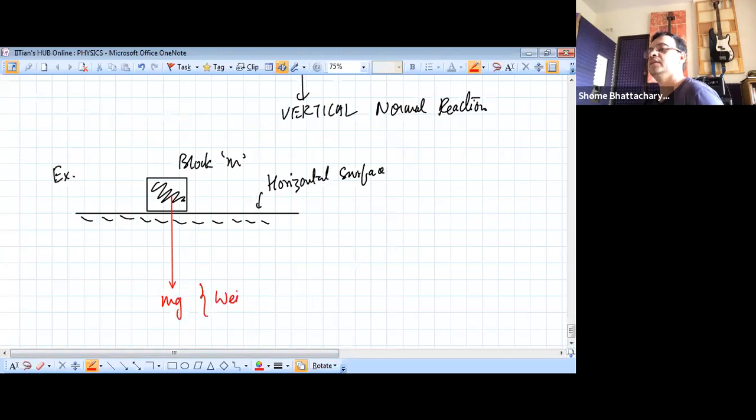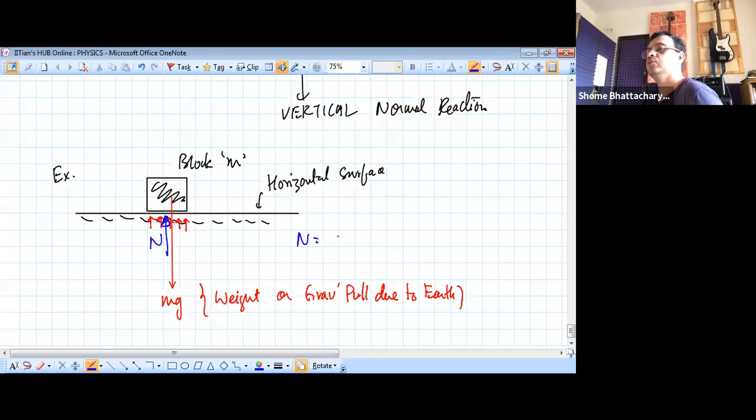This is the weight, or gravitational pull due to the earth. So this pushes it against the surface. So the surface reacts by applying an upward force like this, which is actually a distributed force. There are these tiny force vectors which create a net force in the upward direction, which is what we call the normal reaction.